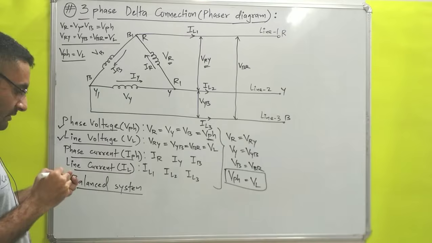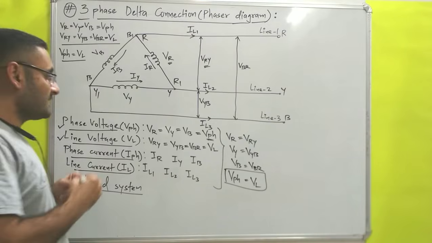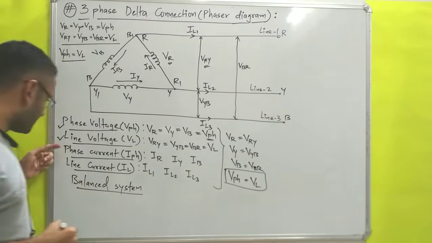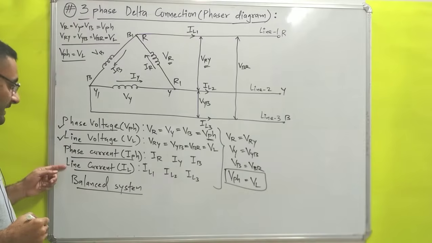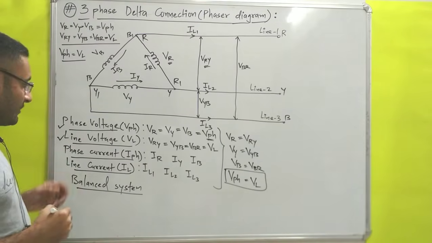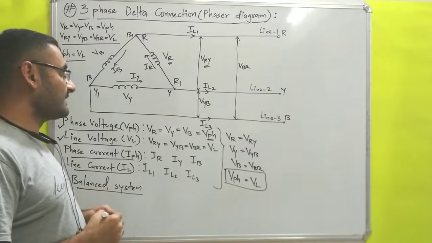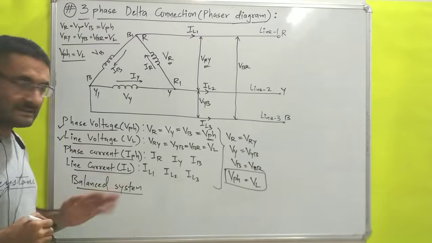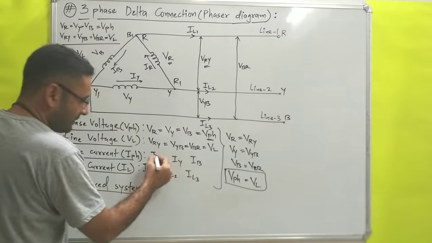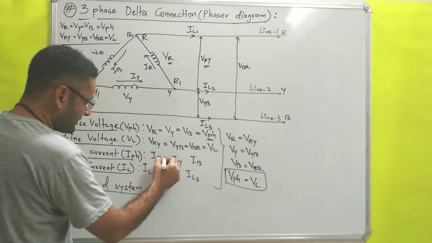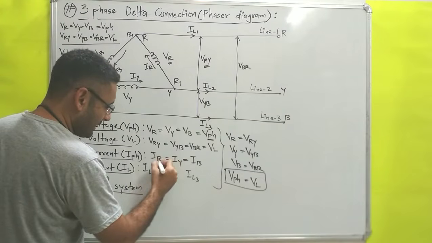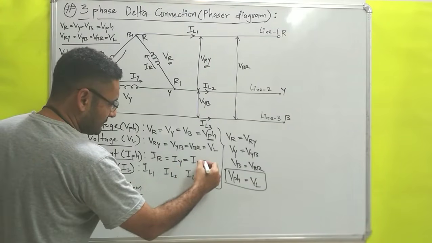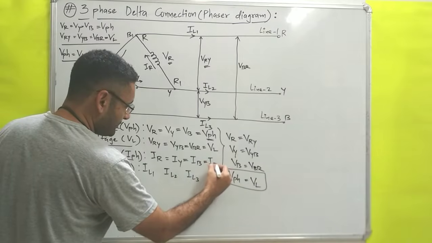Now onwards, we are going to derive the relationship between the phase current and line current. For the balanced system, whatever phase currents are there are equal in magnitude. So IR is equal to IY is equal to IB is equal to IPH.